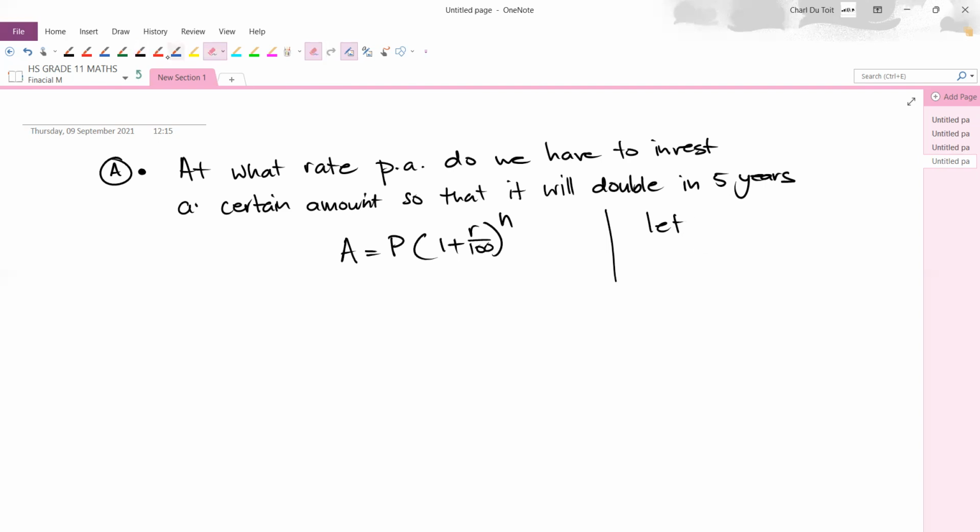Let the P equal X. So let the starting amount equal X. Then the amount at the end will be 2X. Is that correct? Double. If our initial amount is X, then that one will be 2X. Or you could have just said, okay, the starting amount is P, and then the accrued amount is just twice that. So that's 2P. Agreed?